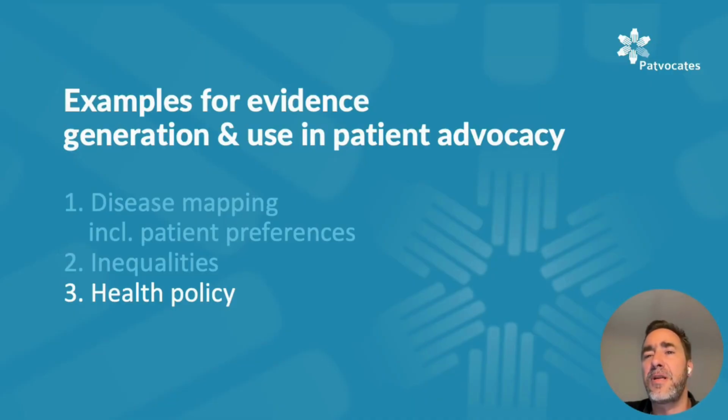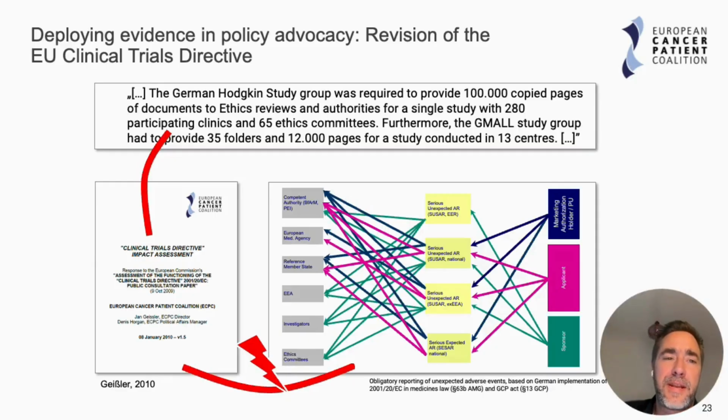And finally, in health policy, I'm going to bring one example that I was involved in when the European legislation for clinical trials across Europe was being revised. The former directive that was effective in the early 2000s was quite a monster in terms of bureaucracy. You can see the reporting lines down there in this chart, who was reporting safety reports to whom.